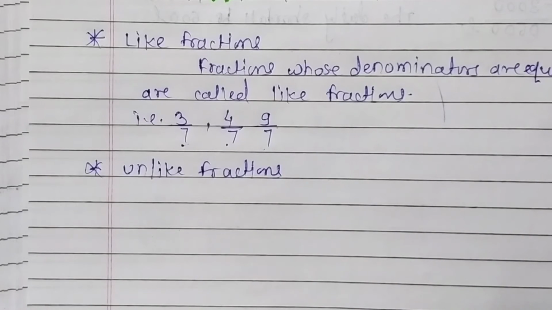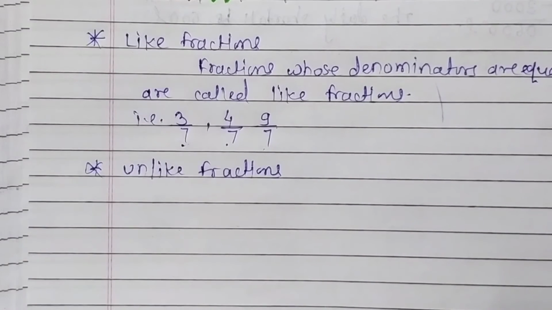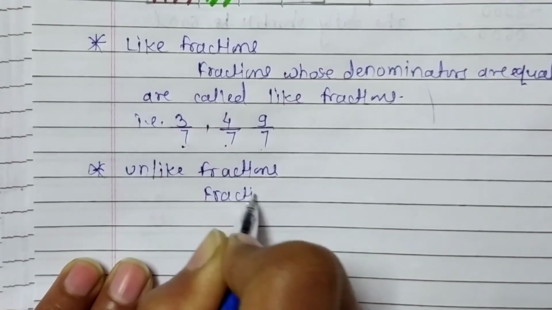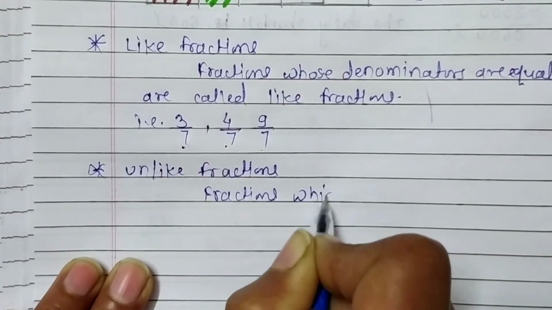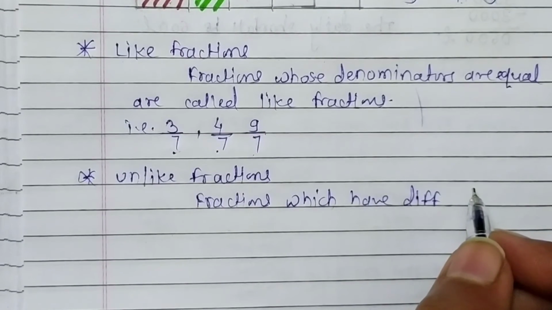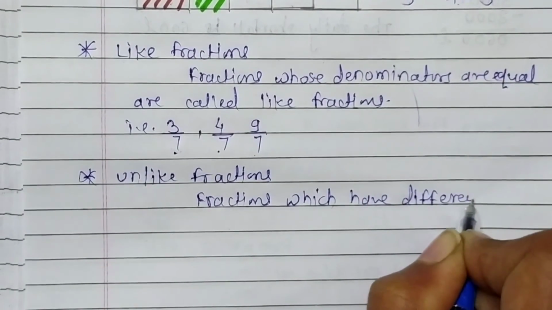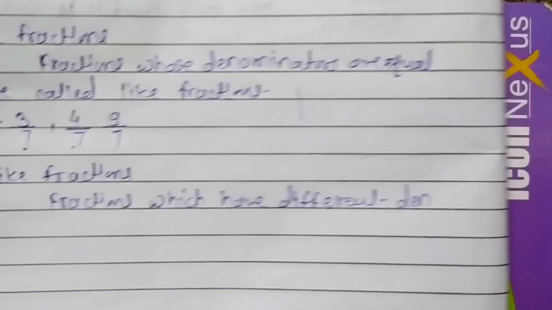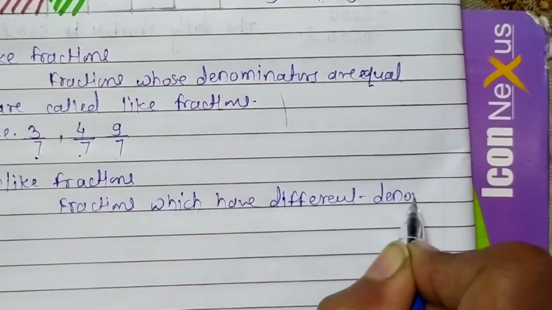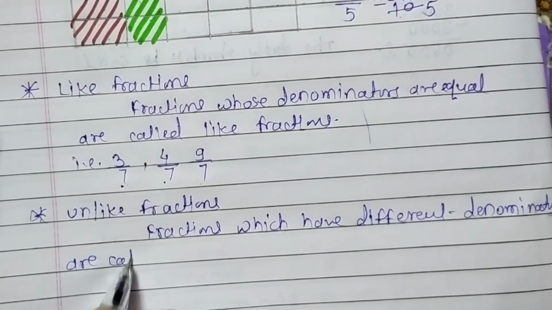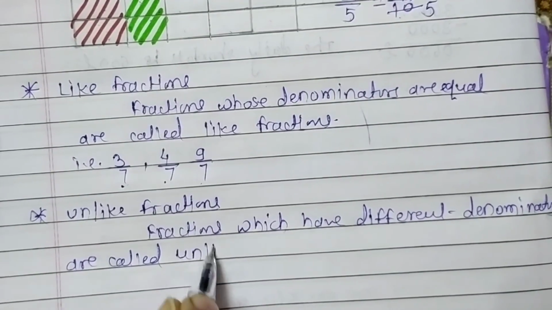Fractions whose denominators are not equal, or which have different denominators, are called unlike fractions.